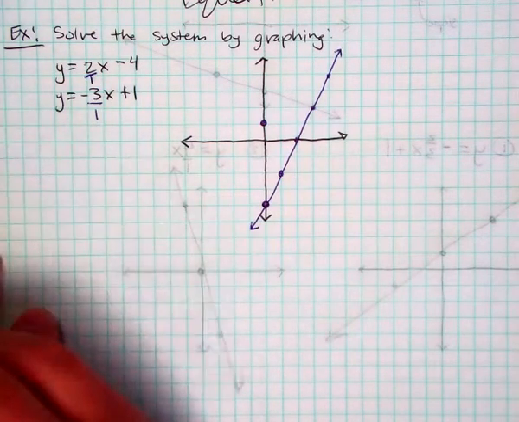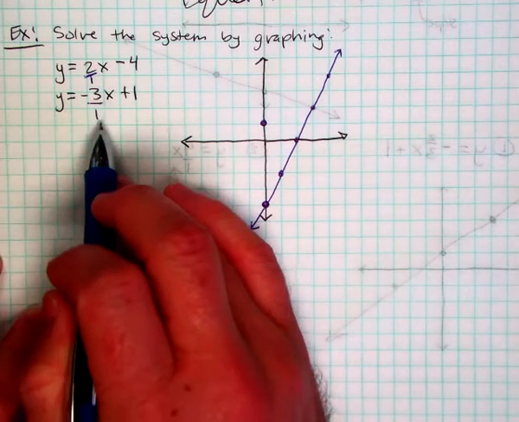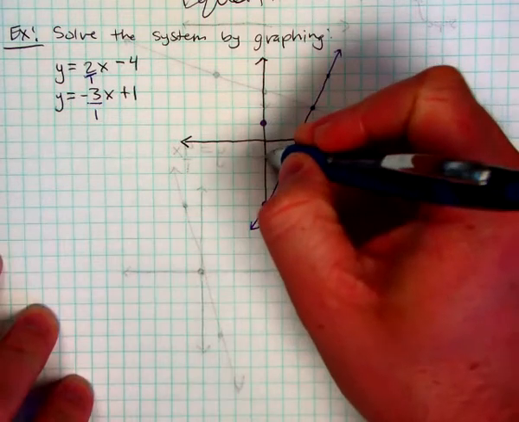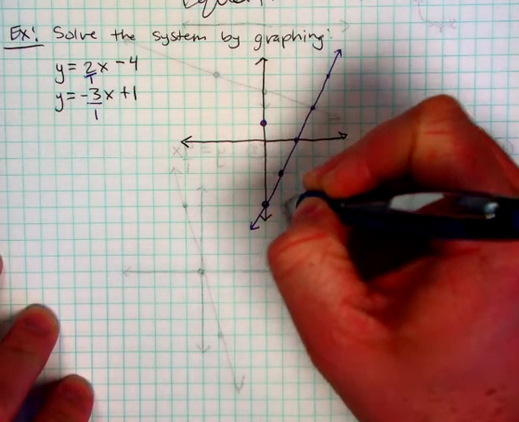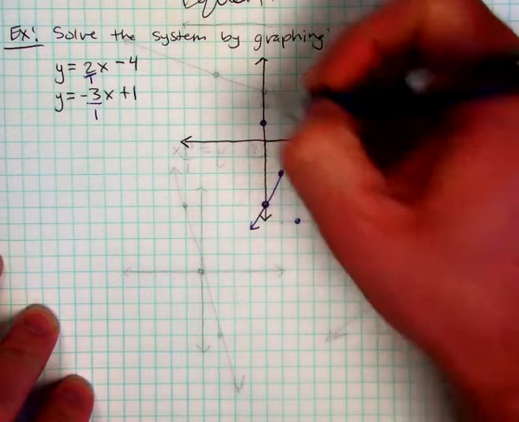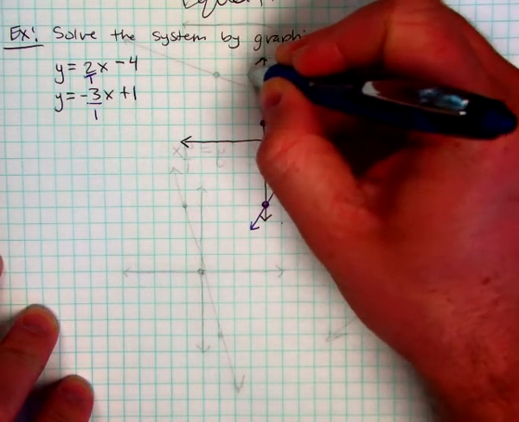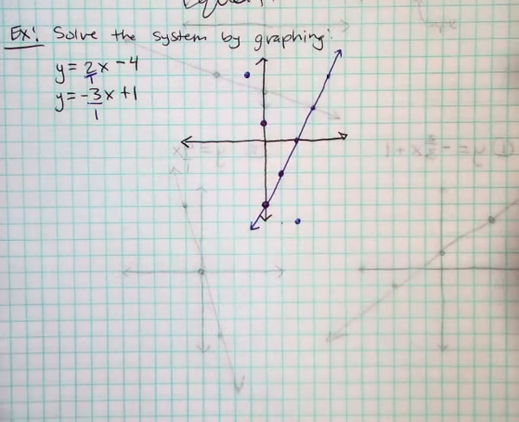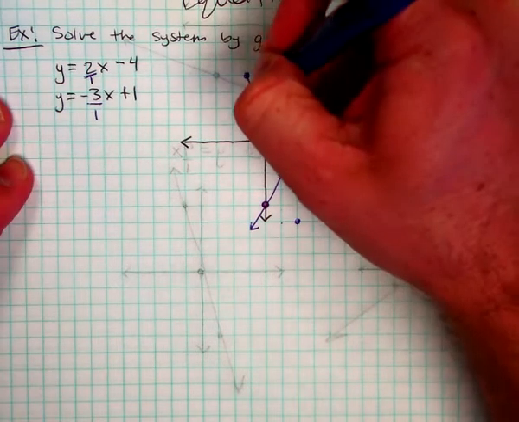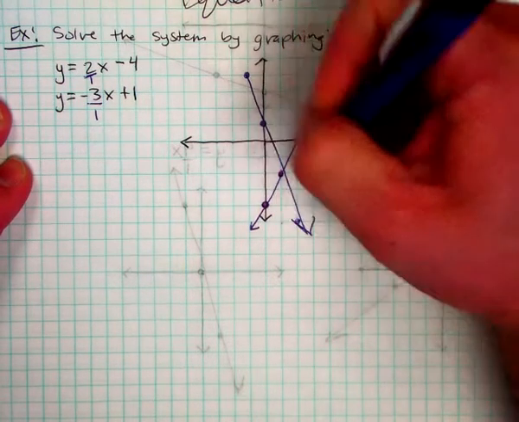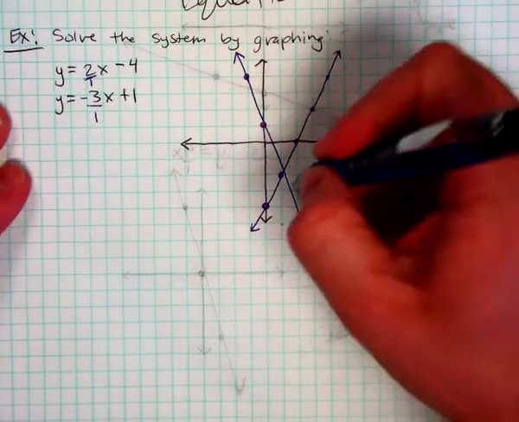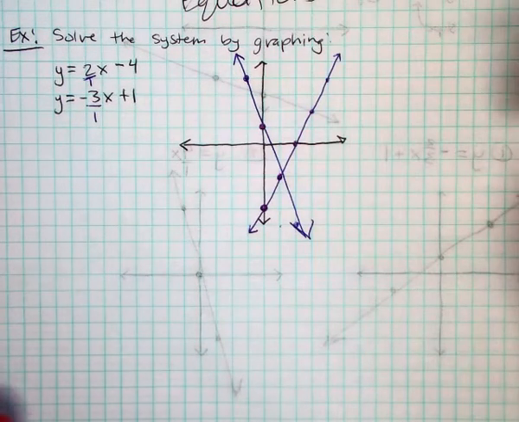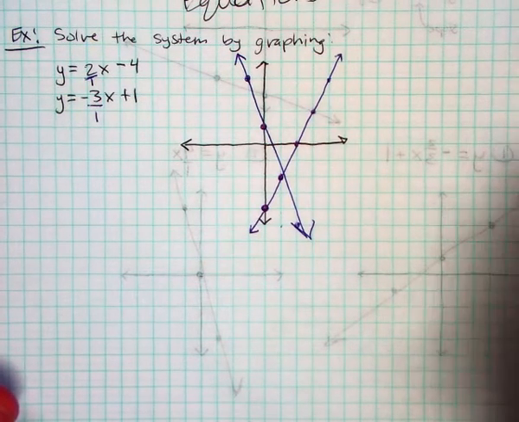Negative 3 over 1 means I can go down 3, right 1. So 1, 2, 3, 1. 1, 2, 3, 1. Or I could go up 3, left 1. So I want to make as many points as possible. This helps me graph a straighter line. I didn't do a very good job connecting the dots there, but I think we get the idea.